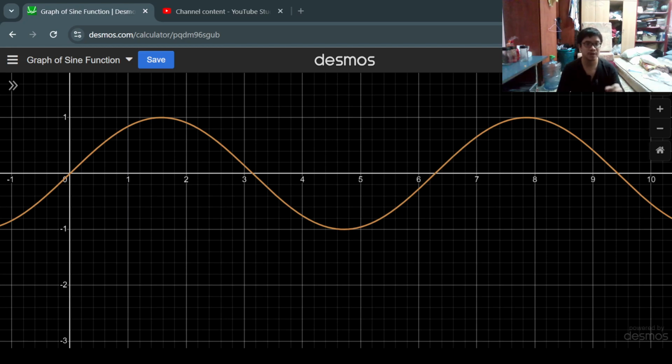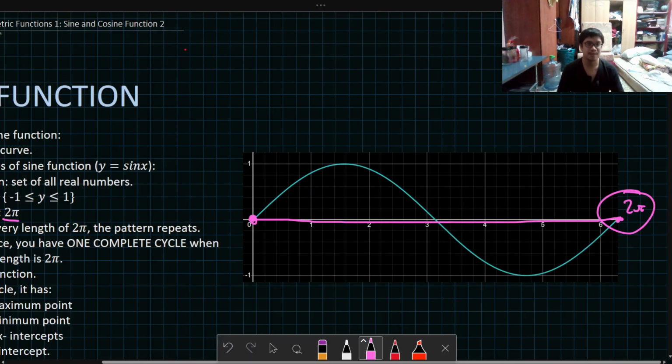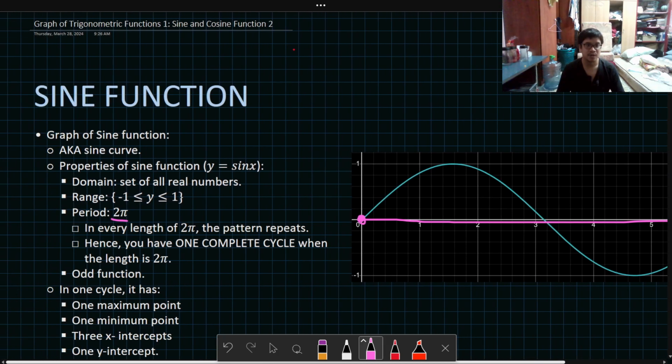And speaking of repeating the pattern, I'm also implying that you have one complete cycle. In every length of 2 pi, the pattern repeats, the one I showed to you. Hence, you have one complete cycle when the length is 2 pi.